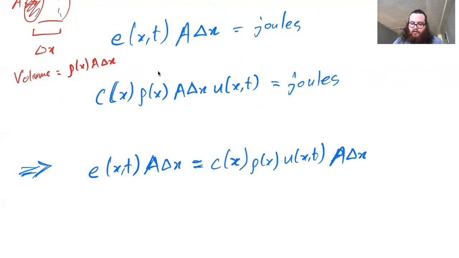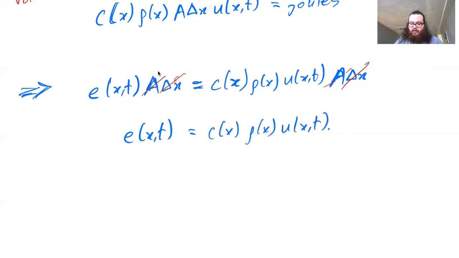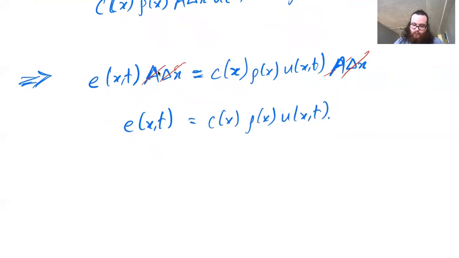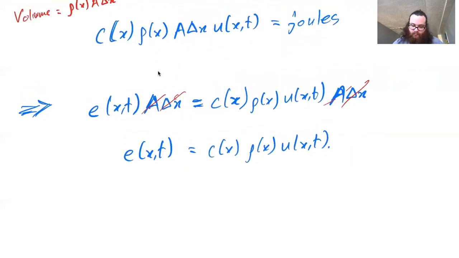Of course, we have common terms, so divide by A delta X. And we end up with thermal energy density equal to specific heat times mass density times temperature. Cool, so this is great.